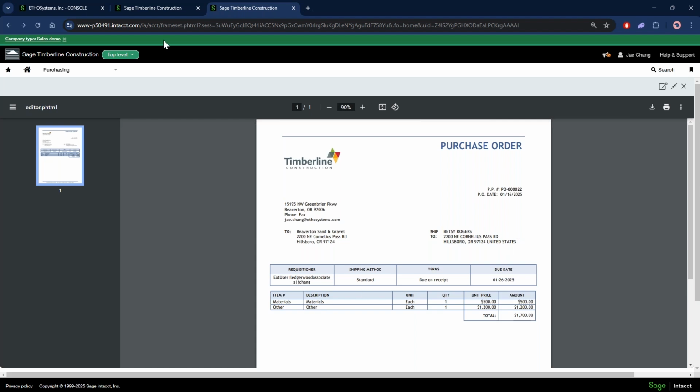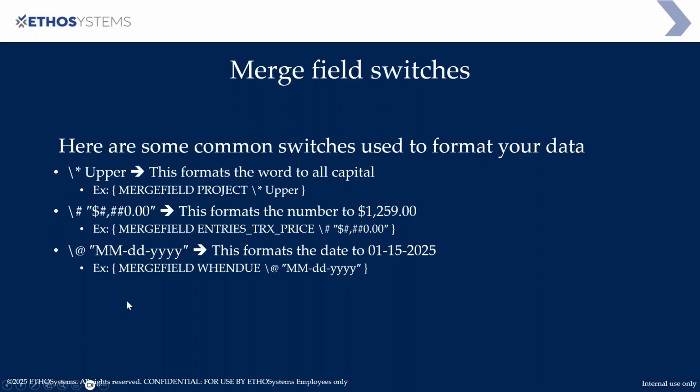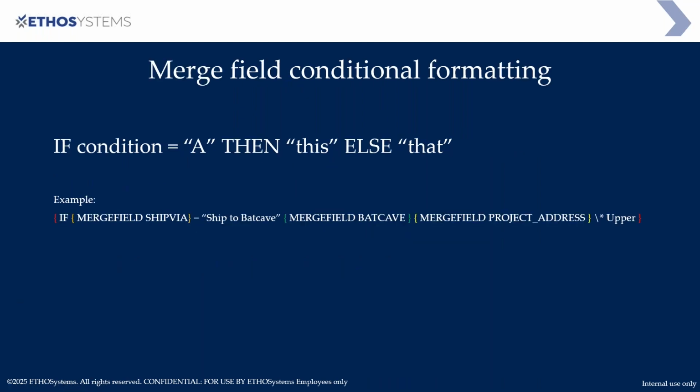All right. So those are some of the common switches that I use, but there are more out there that you can Google. Okay. And then the last part, there is a merge field conditional formatting that I commonly use depending on the situation.